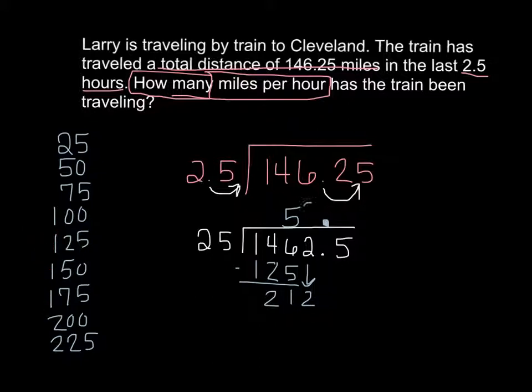So we're going to put our 8 above the 2. 25 times 8 was 200, and we have 12 left over, and we're going to bring down the 5, and this looks like it's going to work out perfectly. 25 goes into 125 5 times, and 25 times 5 is 125, and when we do the subtraction, you will have no leftovers. So the train has been traveling 58.5 miles per hour.